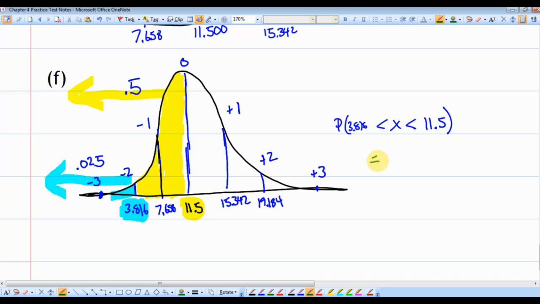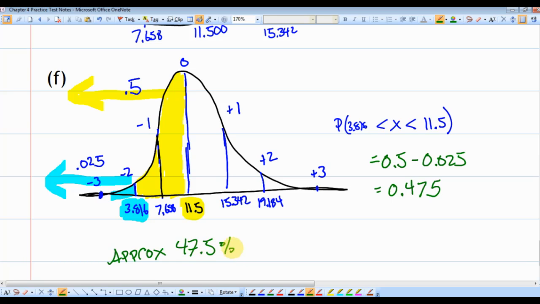So that's going to be equal to 0.5 minus 0.025, and that gives you 0.475. So that's approximately 47.5% between those 2 diameters, 3.816 and 11.5.